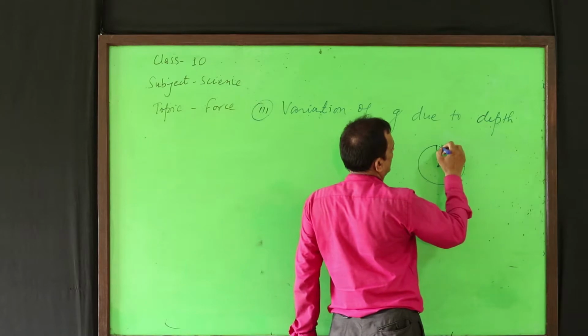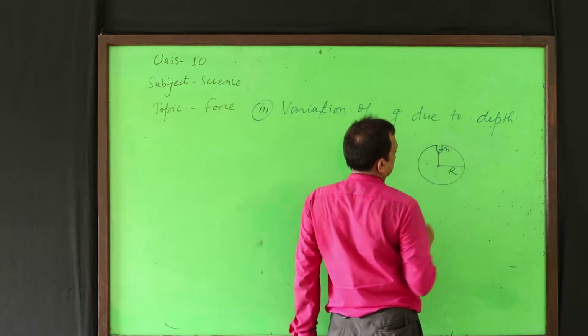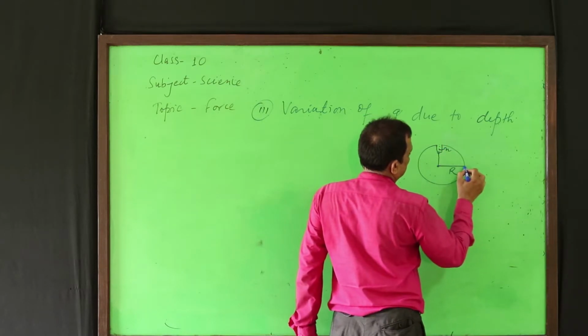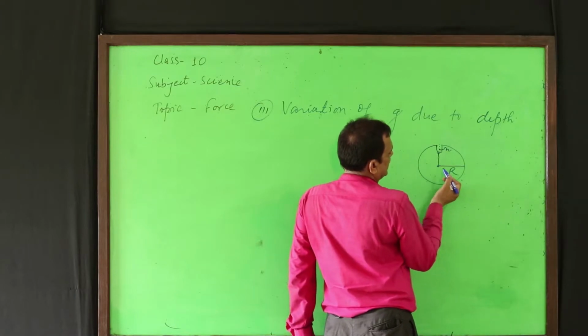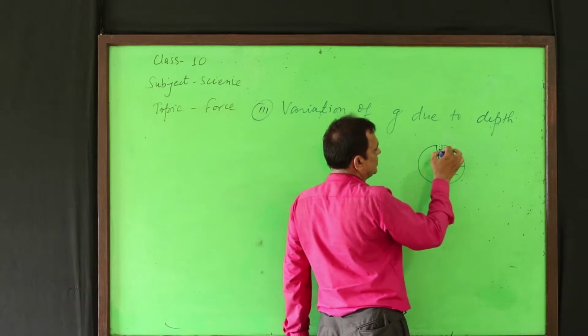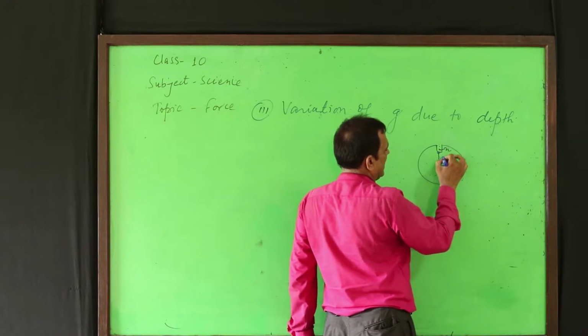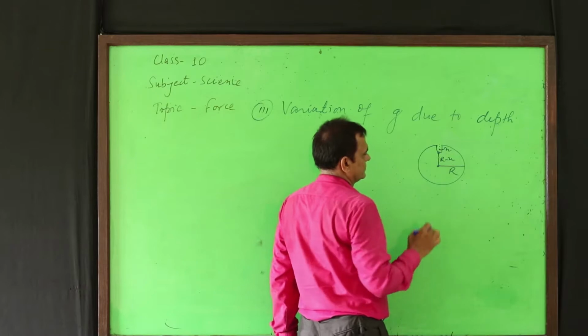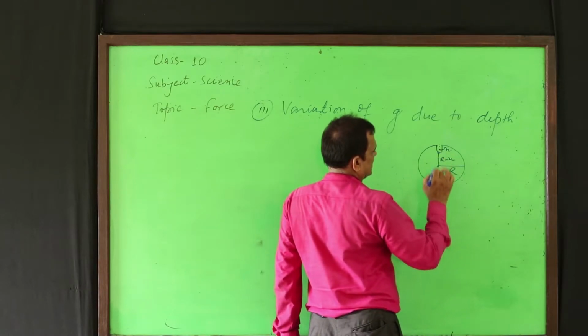Suppose that the depth is x and this is the complete radius of the earth. It means the radius of the earth from the center to this depth is R minus x. The mass of the earth is capital M.